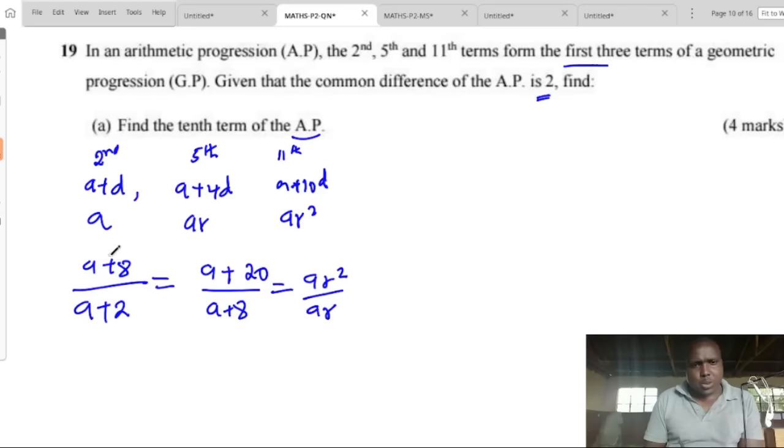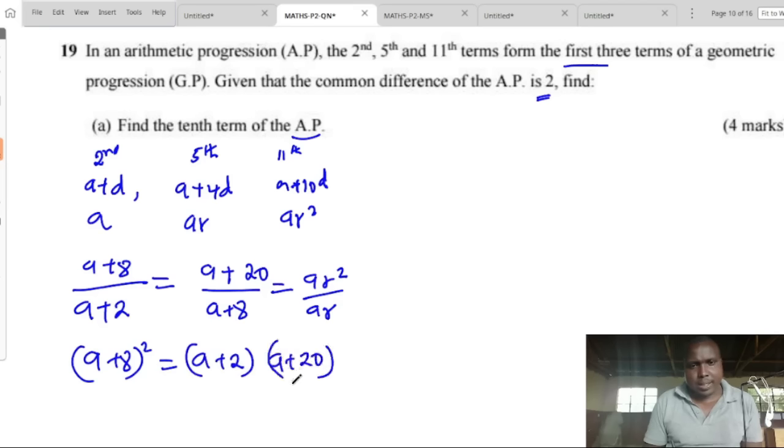Now, we need to solve this one to get the first term. What we need here is the first term so that we can use it, because we already have D. So let's solve here. We cross multiply, that is A plus 8 squared is equal to A plus 2 times A plus 20. So we solve this.